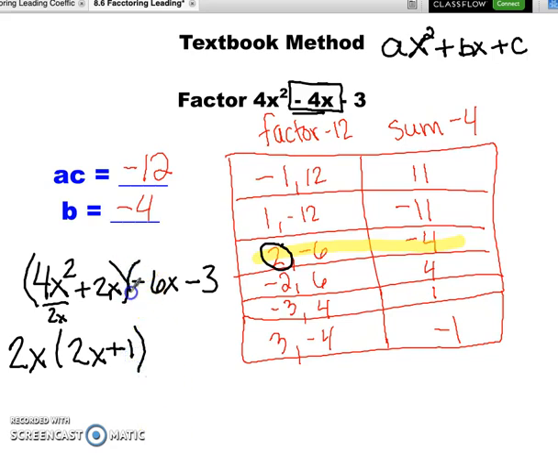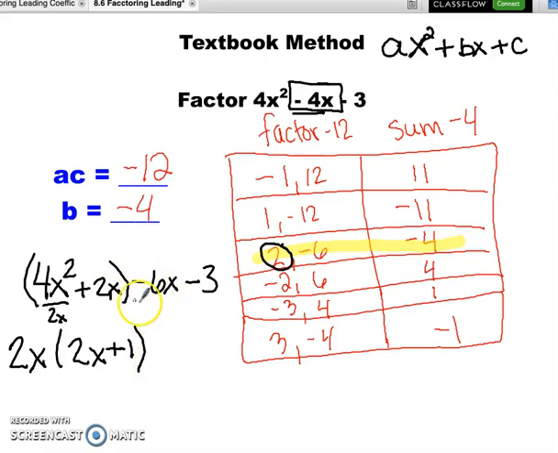Now I want to group these 2 together. Now this is not showing multiplication. I'm not doing these parentheses to show multiplication. I took off the parentheses, because parentheses mean multiplication, and that's not what I'm doing. I'm not changing it to a multiplication problem.